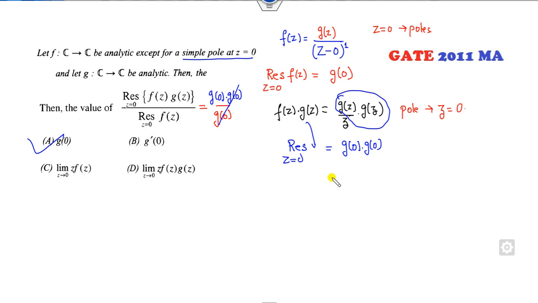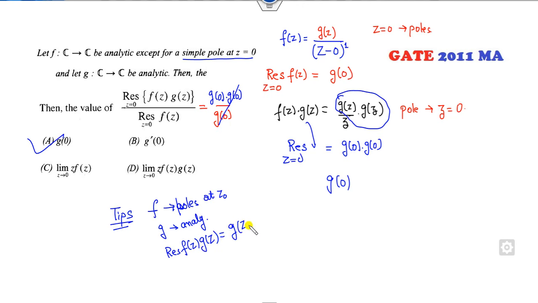Now g of 0 is the right answer. Otherwise, if you remember, in the starting I gave you one tip: if f has a pole at the point z0, g is my analytic function, then what is the residue of f z into g z? It is nothing but g of z0 times the residue of f at the point.